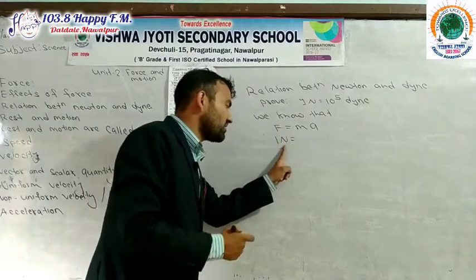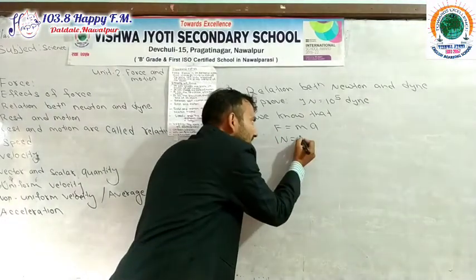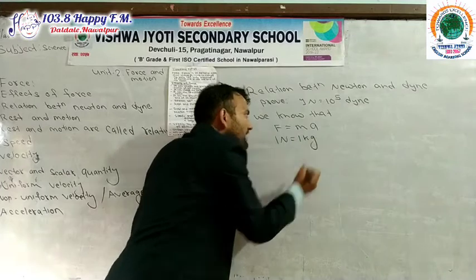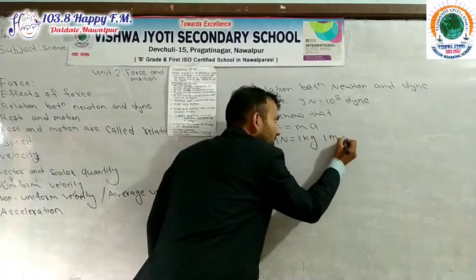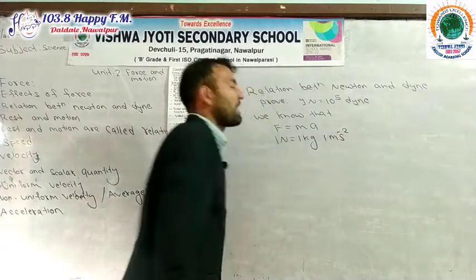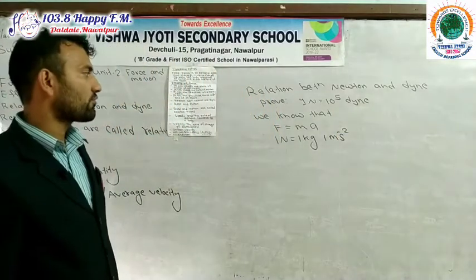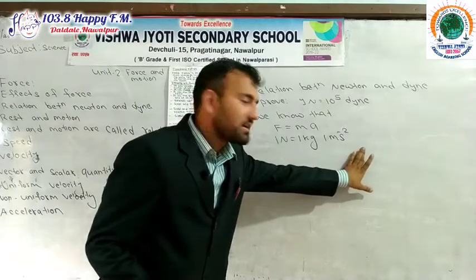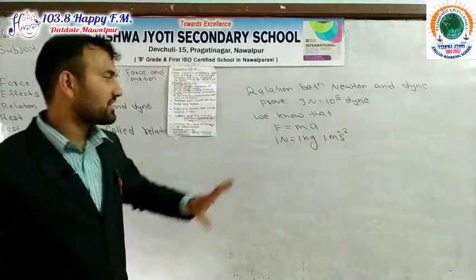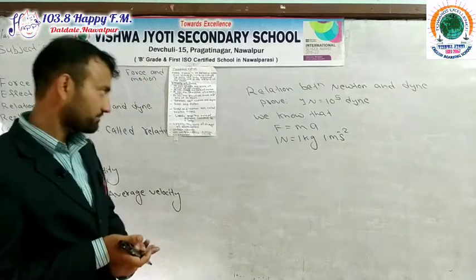Mass is 1 kg. What is the unit of acceleration? 1 meter per second square. That is the SI unit system.